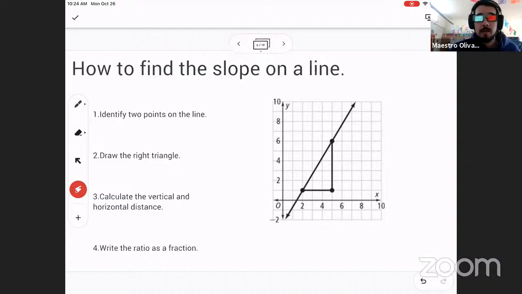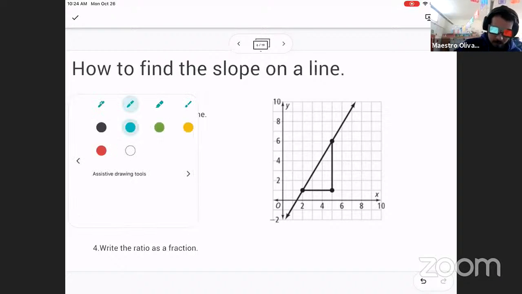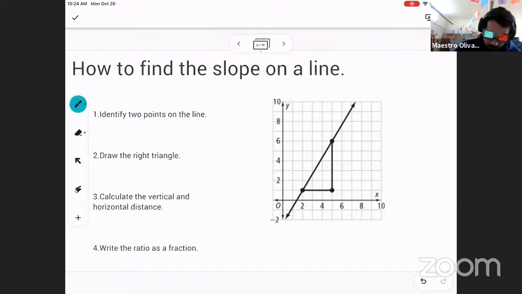If you want to find the slope of a line, the first thing you got to do is identify or find 2 points. Identify is a fancy way to say find, right?